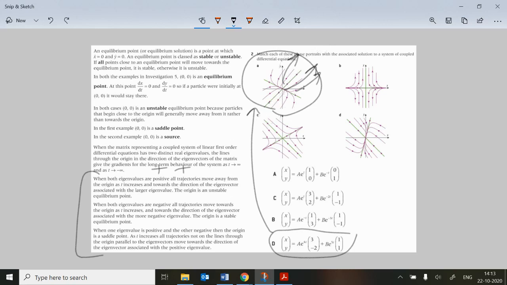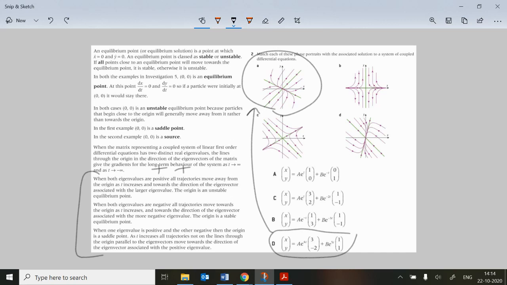It is not going like this. So it's not moving in the direction of this. It's moving in the direction associated with the larger eigenvalue. Okay, so that's really tricky. And obviously you can identify these without doing that, but that's a really niche little point as to how to draw these diagrams.